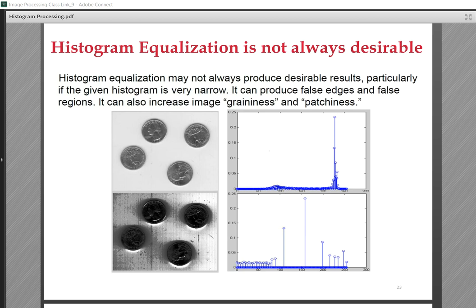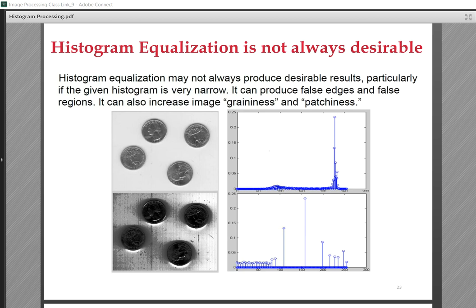In this slide, histogram equalization may not always produce desirable results, particularly if the given histogram is very narrow. For example, this is our original image, some coins. You see a very narrow histogram in this area.